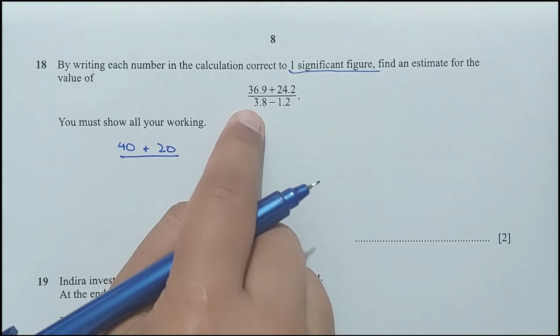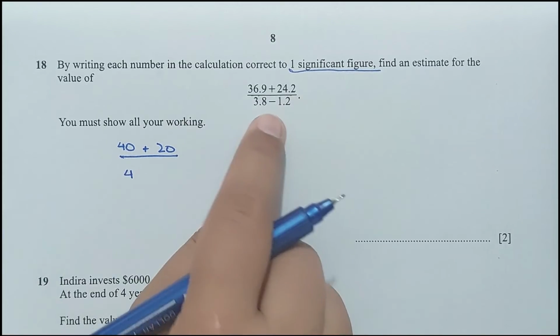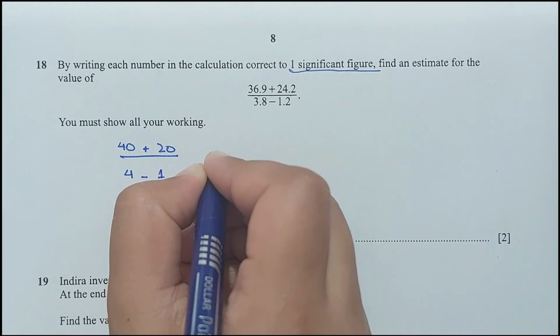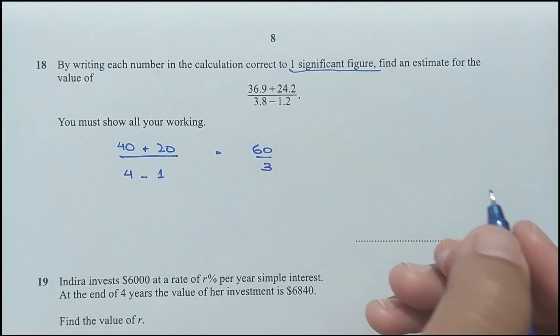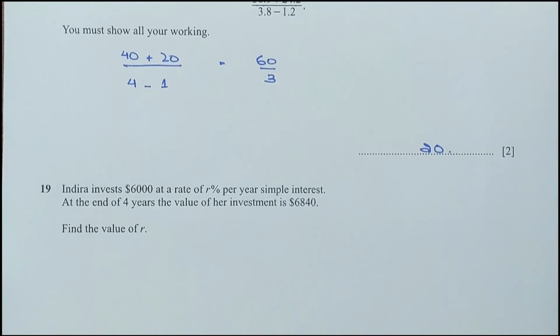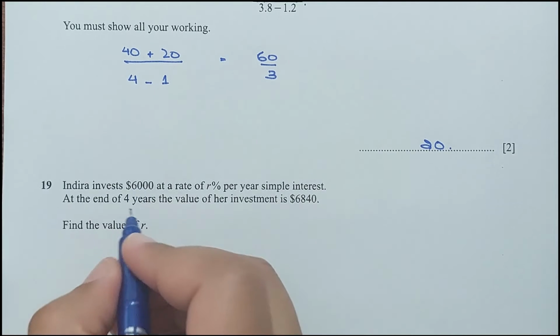Over, we have 3, and it's more than 5, so it is 4.0. And 1 minus 1. So we have 60 over 3, and 3 times 2 is 6, and 0, so it's 20, right?